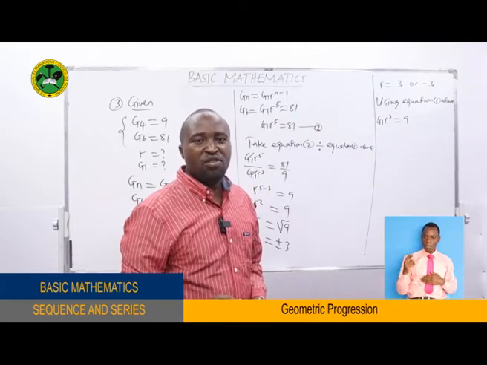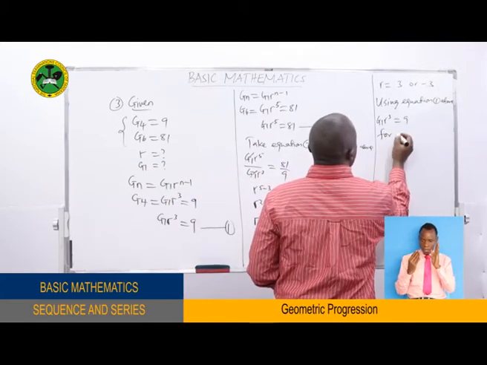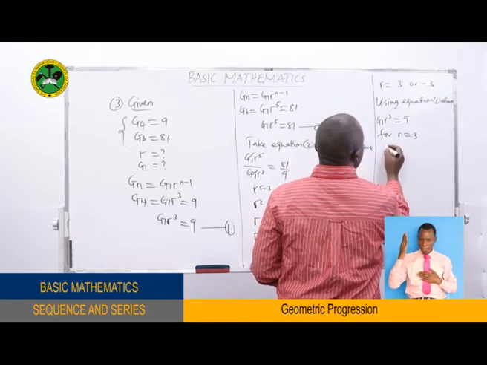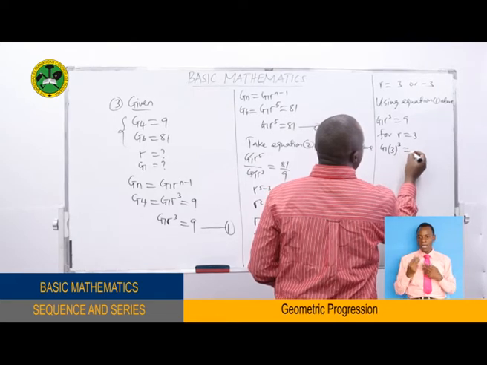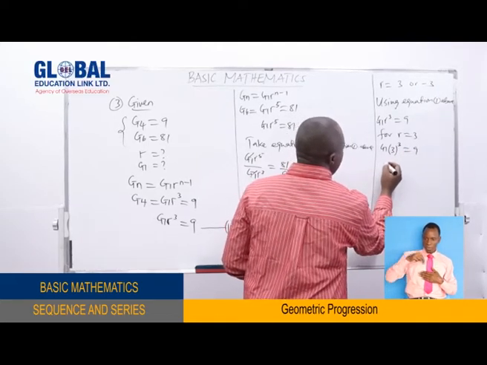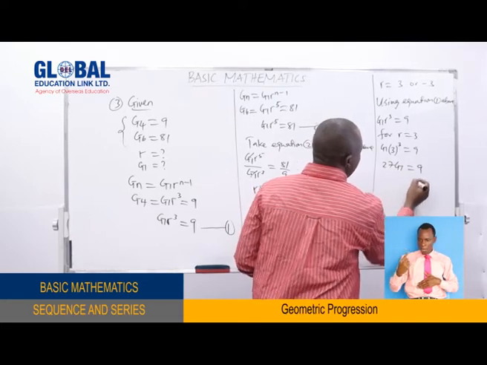Now starting with R is equal to 3. That is for R is equal to 3, we have G1 times 3 cubed is equal to 9. So we have 27 G1. This is equal to 9.